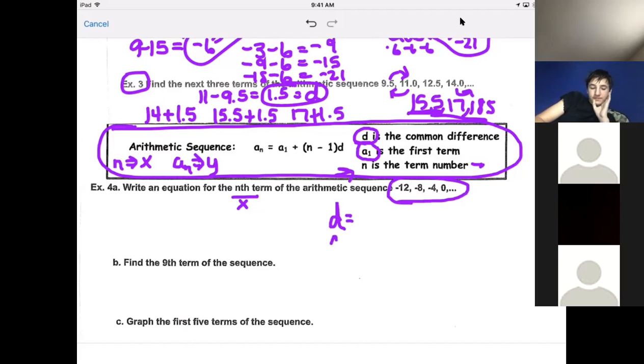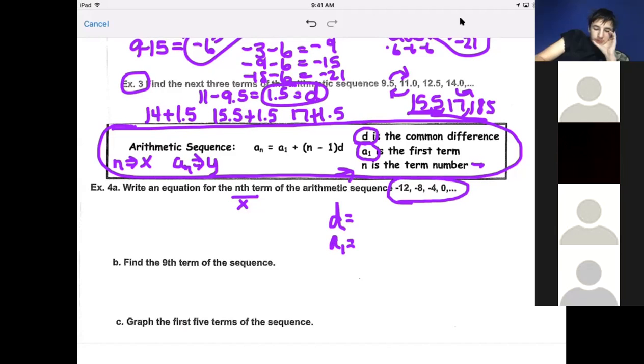And we need to identify our first term. Well, the first term is easy, right? What's the first term in this sequence? -12. So that's easy. We found our first term because it's the first number in our pattern.